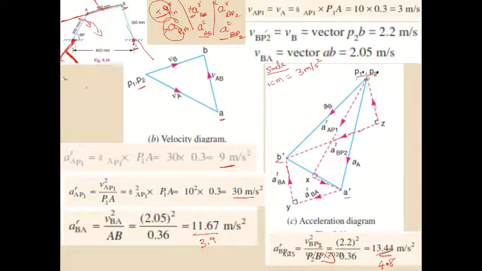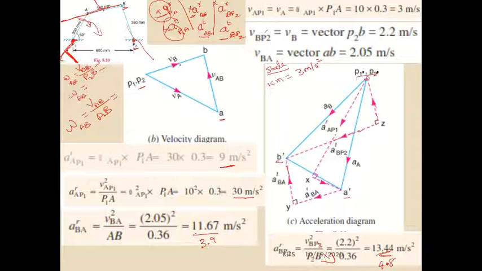Let me write it here. Angular velocity of P2B, angular velocity of AB. Angular velocity means velocity of P2B divided by length of P2B. Similarly, angular velocity of AB means velocity of AB divided by length of AB.